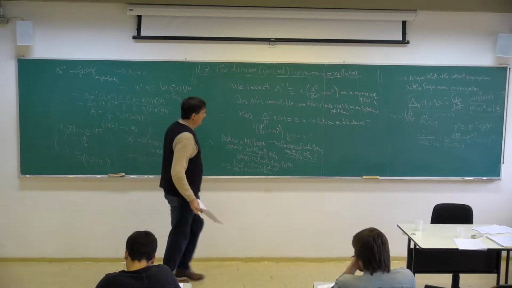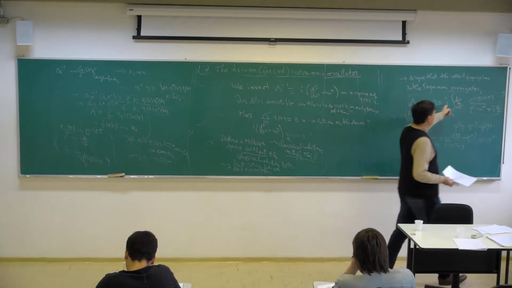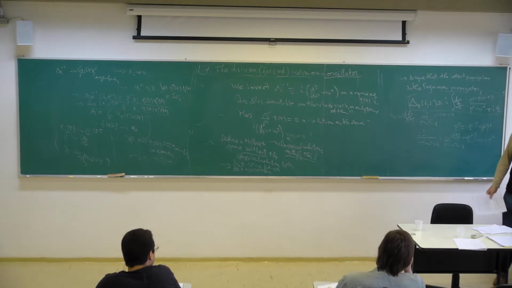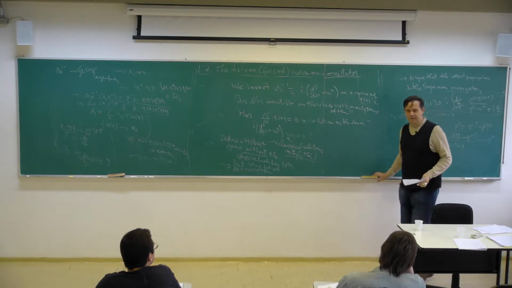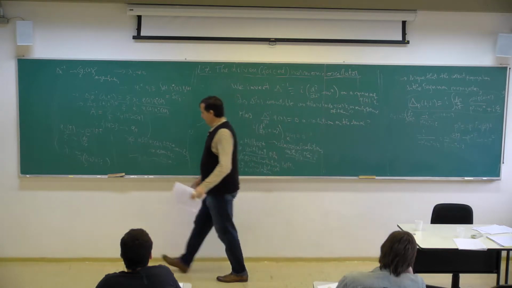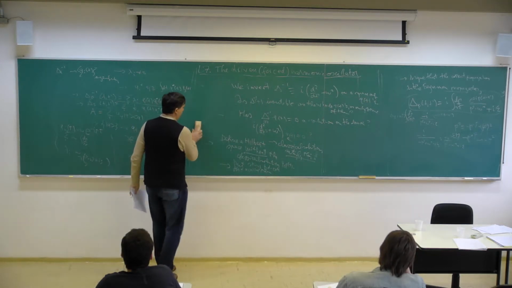So to do that, we must calculate this. But in one dimension, this is easy. I mean, you could do it even in 4 dimensions, but in one dimension, it's certainly easy.